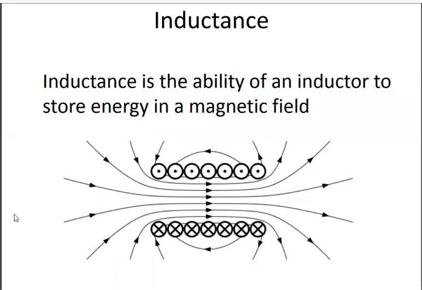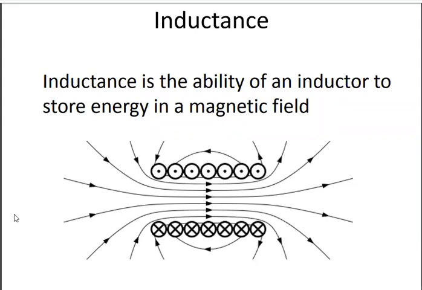When you place an inductor in a circuit in series, it converts electrical energy into magnetic energy, and electrical energy is stored as magnetic energy inside the inductor.